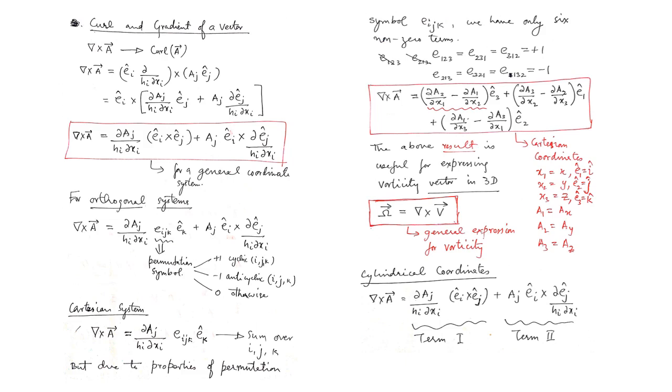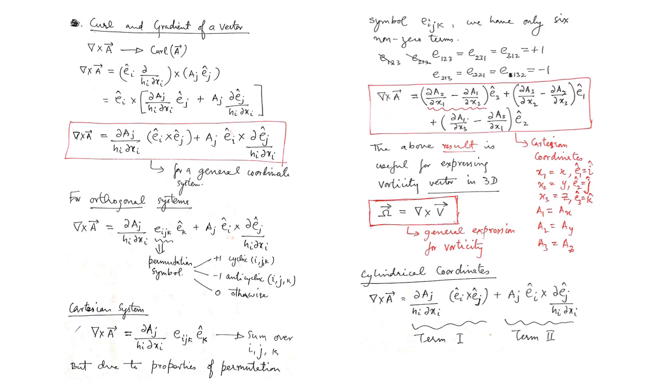One is the partial derivative of A_j with respect to x_i with scaling factor h_i, times e_j, plus of course A_j times the partial derivative of the unit vector e_j cap with respect to x_i, and the scaling factor. I'm just using a product rule for the derivatives, recognizing that there are two quantities which can change with x_i.